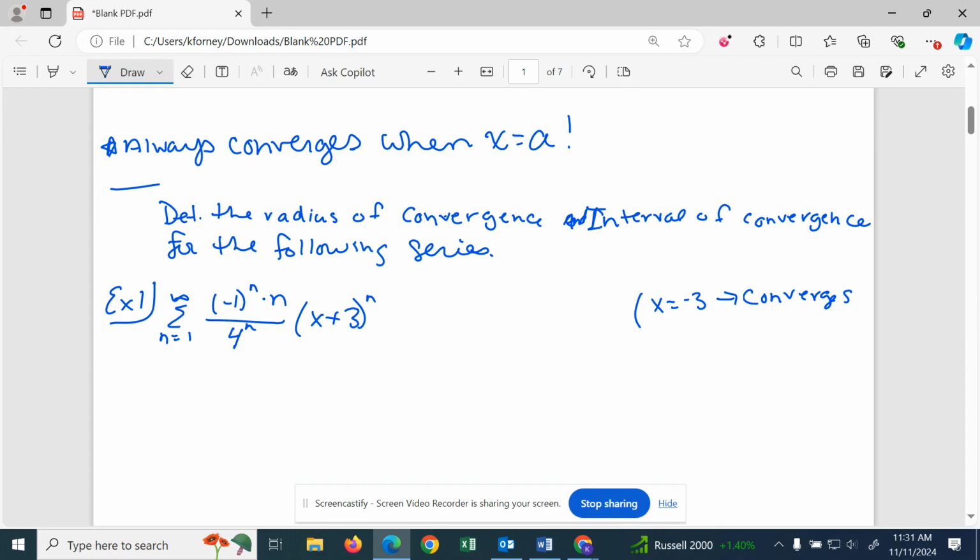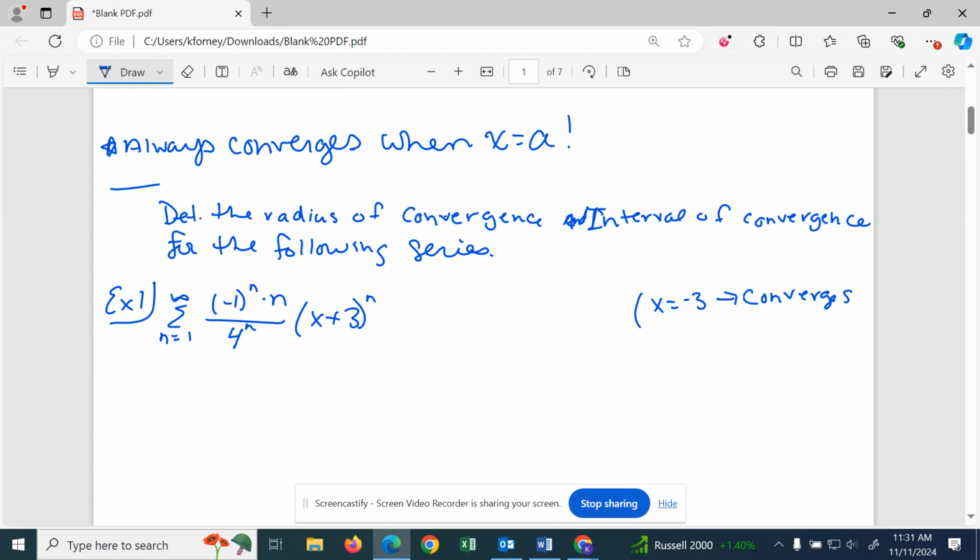To determine the remainder of x's for which it converges, we can use any of the tests that we've discussed. We want to find the radius of convergence, and the best test to use here is almost always the ratio or the root test.